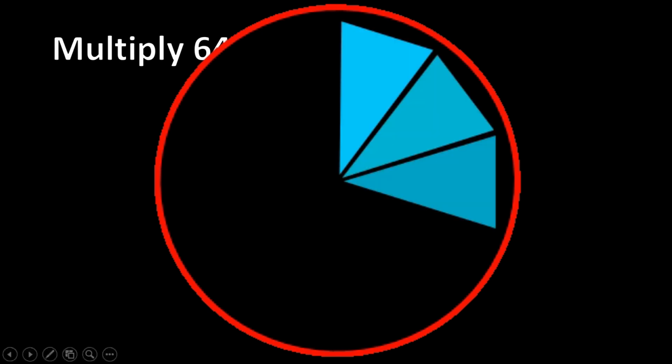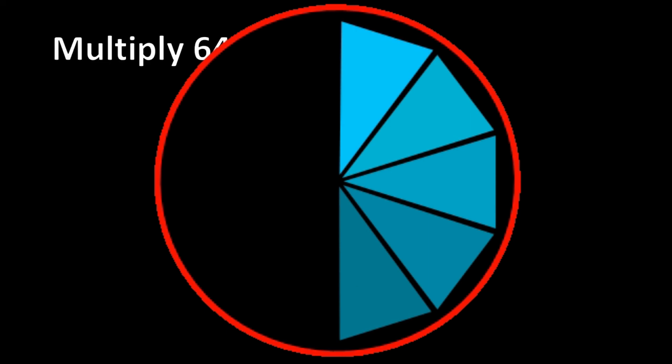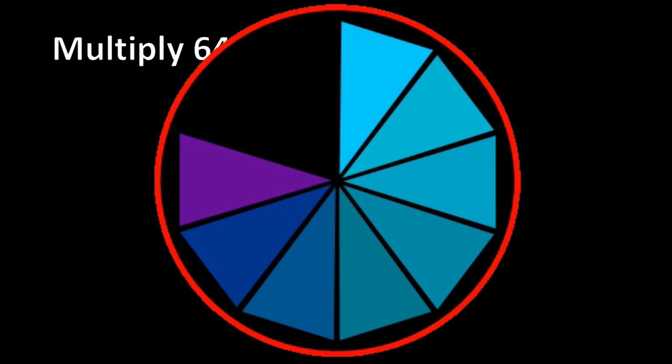647 times 8. 7 times 8 is equal to 56. Write down 6, carry 5. 4 times 8 is equal to 32.